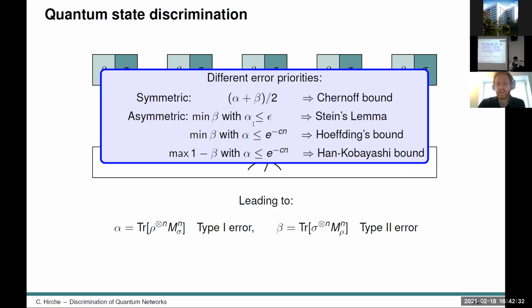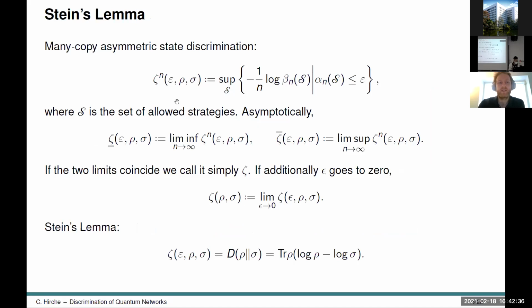So, for this case, let's look at the definitions a bit more closely. Let's now say we have many copies and we want to do asymmetric state discrimination. Then in the first line, you can see the definition of what we call an error exponent.